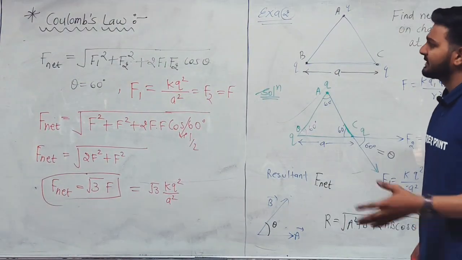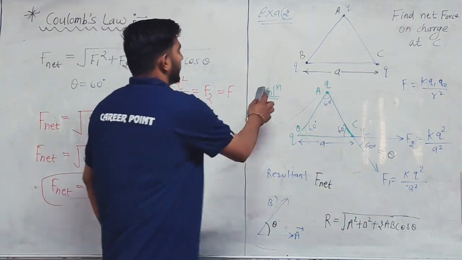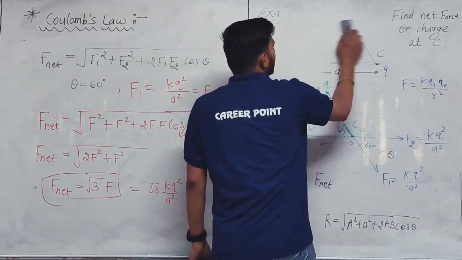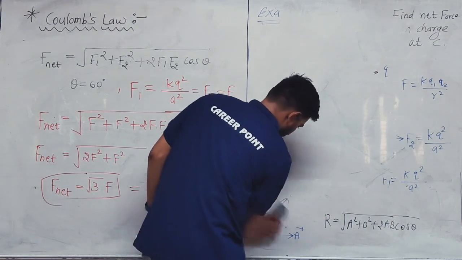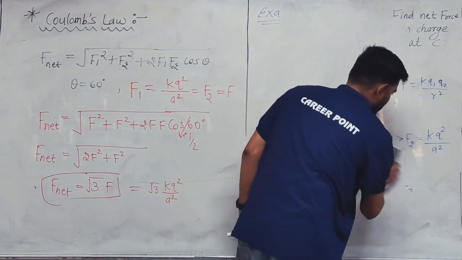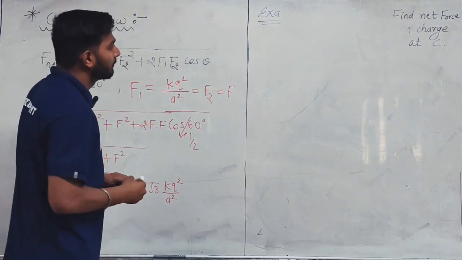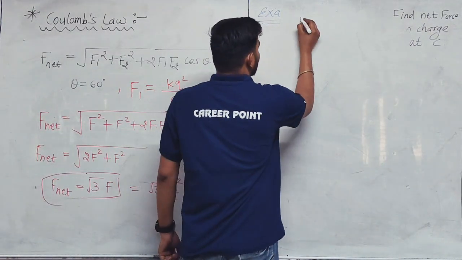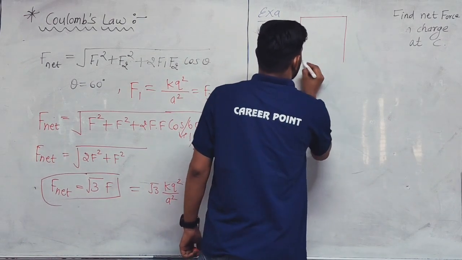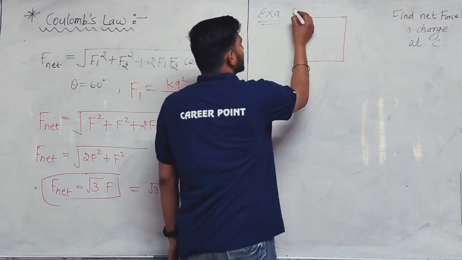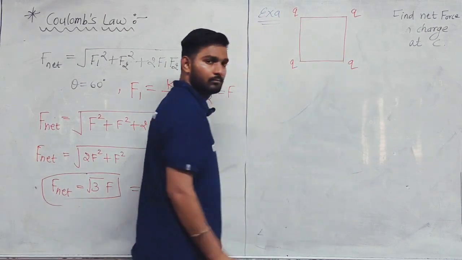Now let's take another example of Coulomb's law. Let's take example number 3. Let's suppose we have a square and we have put charges Q, Q, Q and Q here.